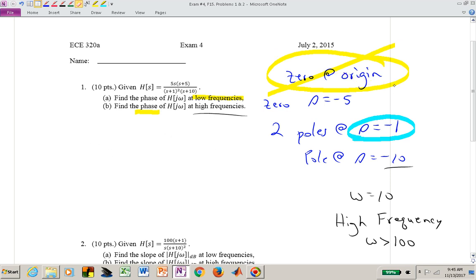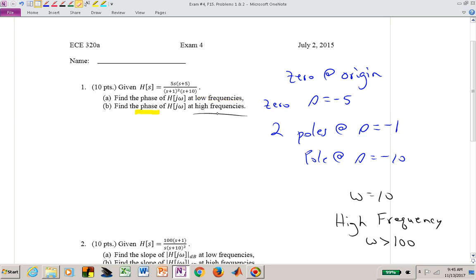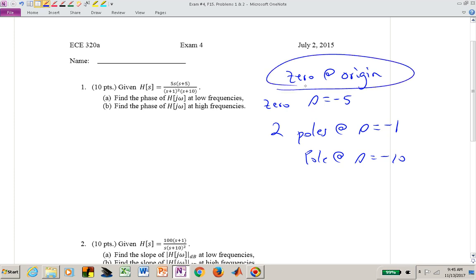Let's now see if I can judiciously erase some of this information and now try to solve the problems. What's the phase at low frequencies? Well, in this particular case, we do actually have a 0 at the origin. That's going to be active at low frequencies. And what does a single 0 contribute in terms of phase? It's in the numerator.